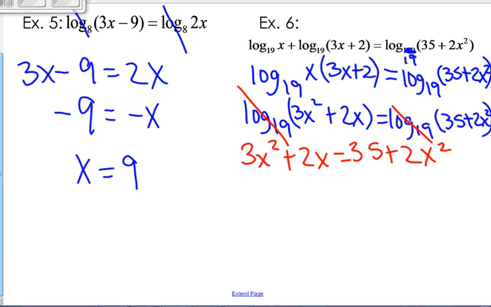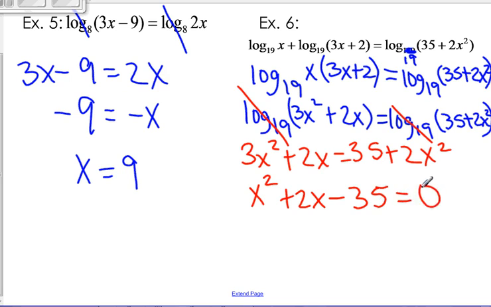So factoring is very important. If you're still struggling with factoring, please make sure you sign up for Bear Block. Okay, we're going to move everything to one side in order to solve a quadratic. So I'm going to move my 2x to the right, and I'm going to move my 2x from the right to the left. So I'm going to get x squared plus 2x minus 35 equals 0.